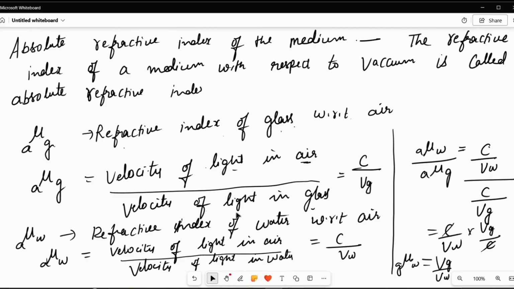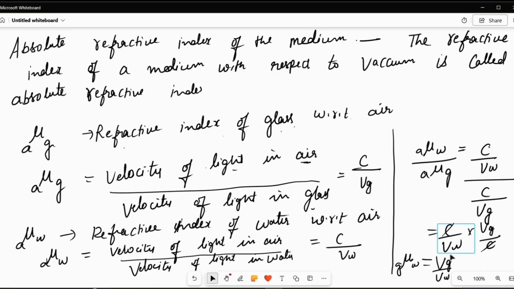Now, if I divide C by Vw by C by Vg, how much will you get? That is absolute refractive index of water by absolute refractive index of glass. So you get C by velocity of water by C by velocity of glass. This is the denominator. When it goes up, these C values cancel.